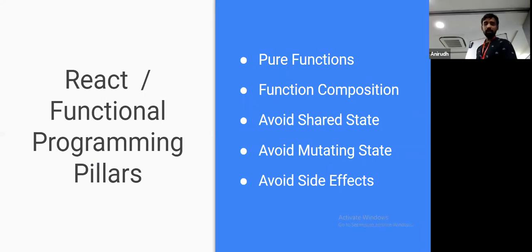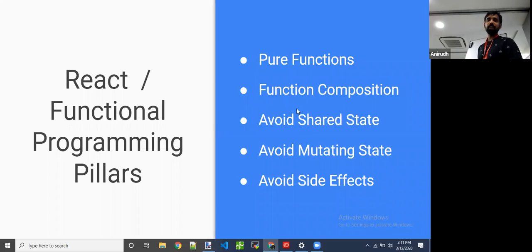So these are the basic pillars of functional programming as well as React. So we have pure functions. Pure functions are functions where for a particular input you will always get the same output.